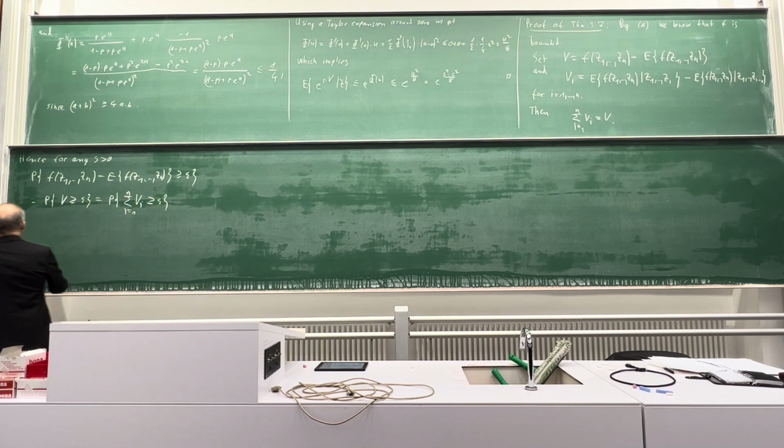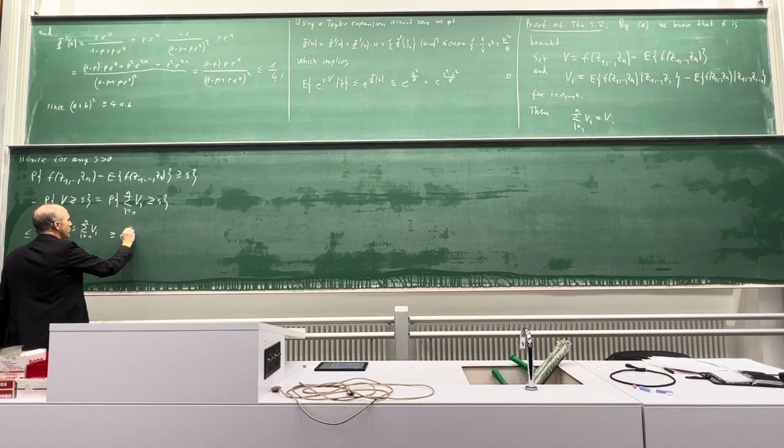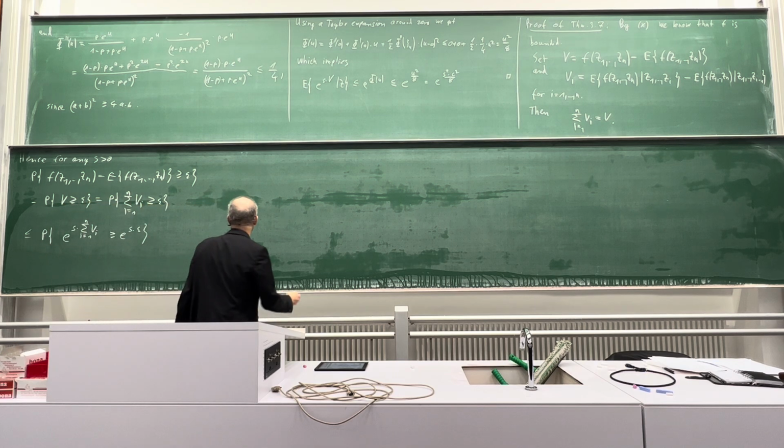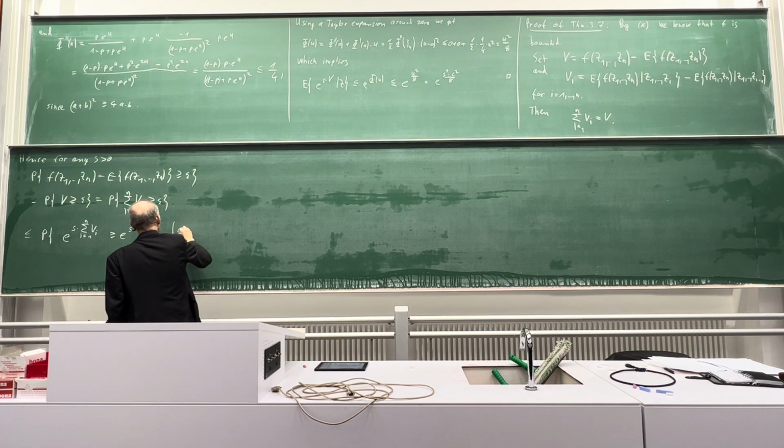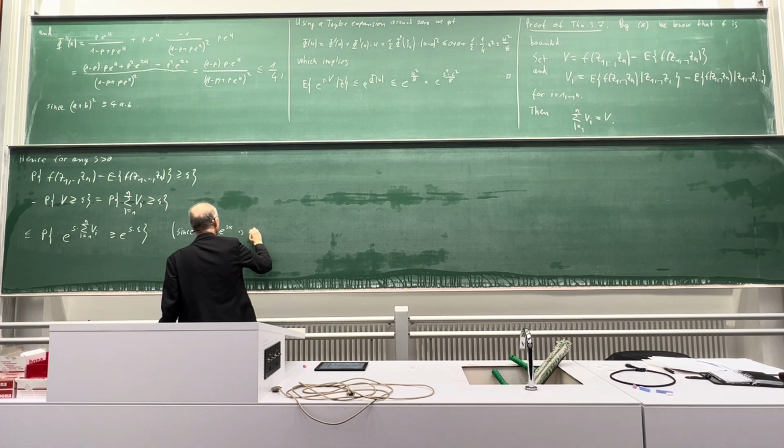So that's less equal than the probability that e to the power s times the sum over i equal 1 to n of Vi is greater equal than e to the power s times epsilon, since x maps to e to the power s x is monotone increasing.